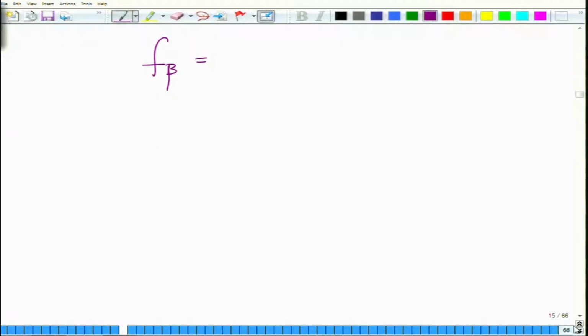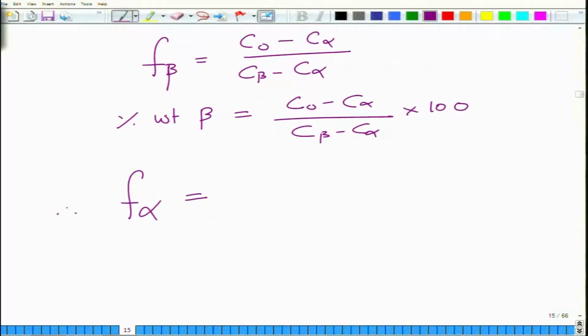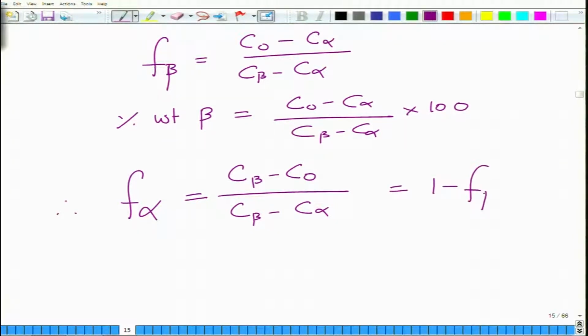So F beta will turn out to be (C naught minus C alpha) divided by (C beta minus C alpha). So the percentage of beta will be equal to (C naught minus C alpha) divided by (C beta minus C alpha), into 100. Similarly, you can work out F alpha, which is equal to (C beta minus C naught) divided by (C beta minus C alpha), which is equal to basically 1 minus F beta.